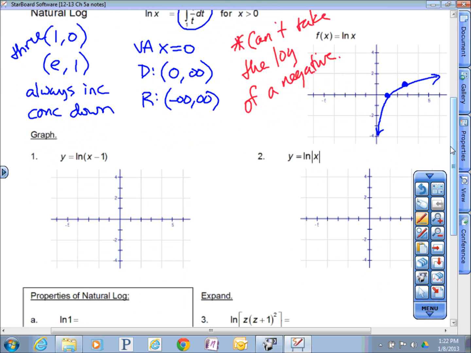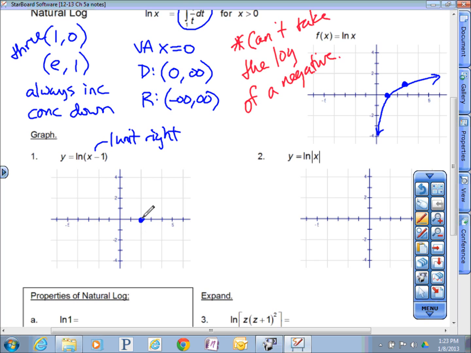So as a comparison, when I go to look at problem number 1, natural log of x minus 1. Well, knowing what I know about transformations, this graph would be moved 1 unit to the right, and it's going to look exactly the same. So instead of going through the point (1, 0), it's going to go through the point (2, 0).